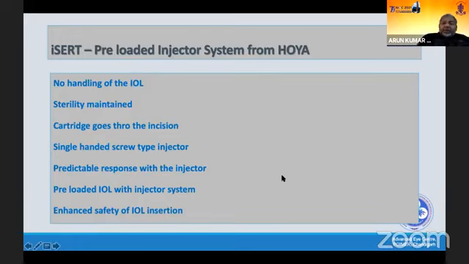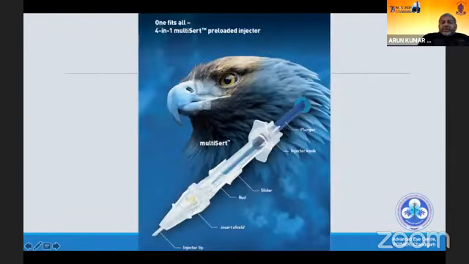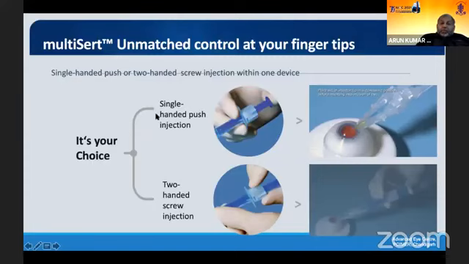And this is the new multi-set injector. The advantage of this new multi-set injector is we can use it as a push type of injector as well as screw type. If we want to use it as a screw type, you can screw it from here. If we want to use it single-handed, you can push this plunger and it goes smoothly.